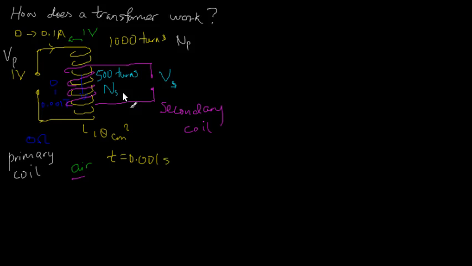Now let me try to calculate VS. In order to do that, let me quickly review the calculation I did in the last video for the VP, the primary voltage.